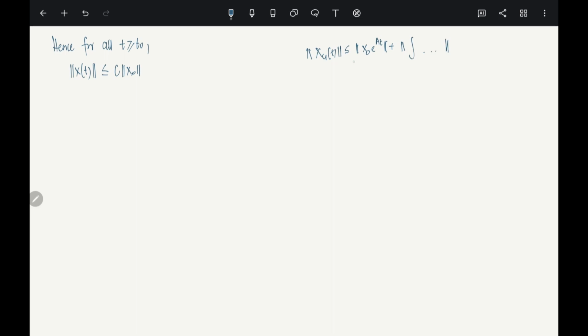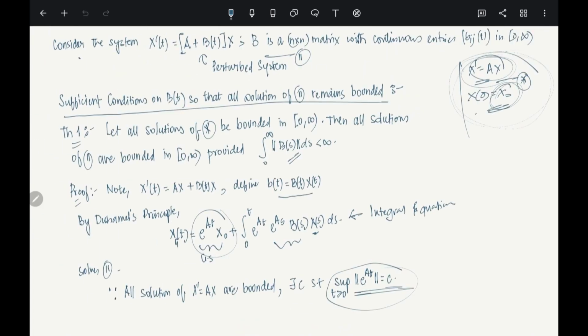There is the triangle inequality. Now this again is dominated by the norm of x naught times the norm of e to the power At. We did exactly the same sort of thing when we studied matrix norms. So this is true. Now e to the power At, the supremum of this is C, so this is dominated by C times the norm of x naught. That is what I wrote here. Clear? So now plus this term, and again here this x of t is there.